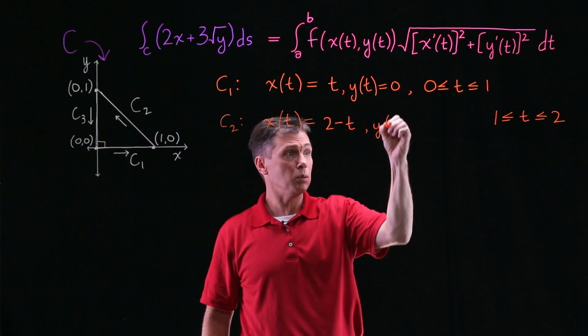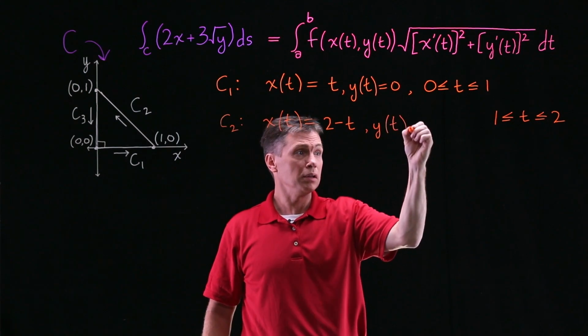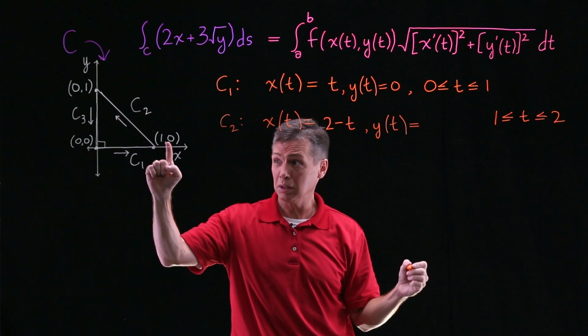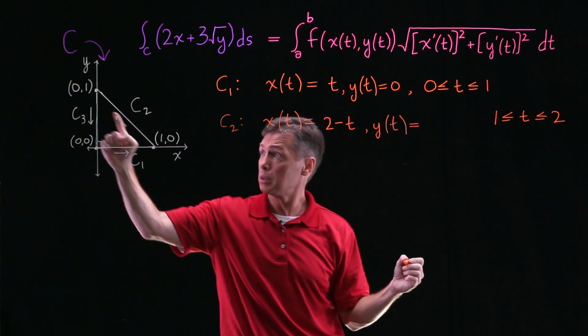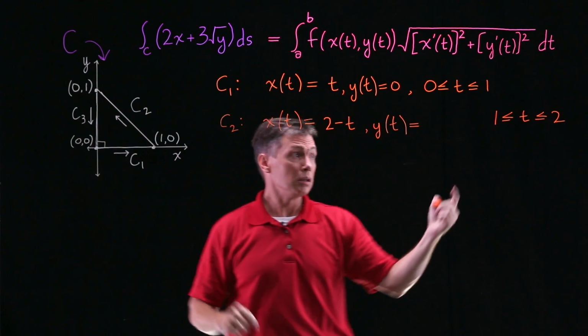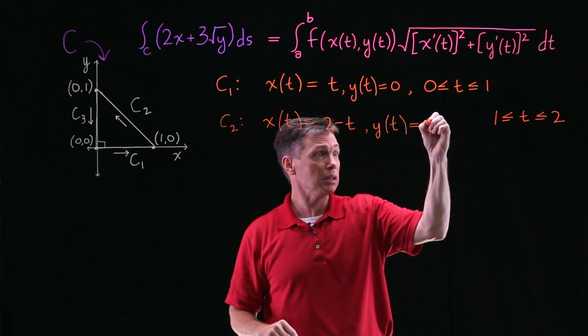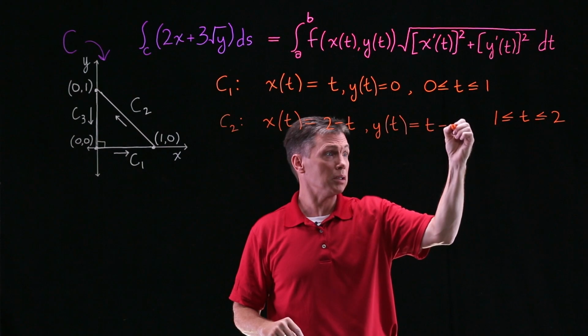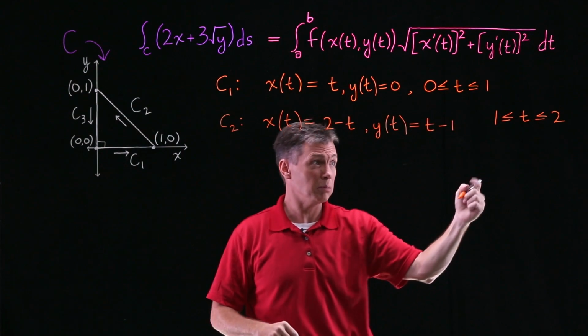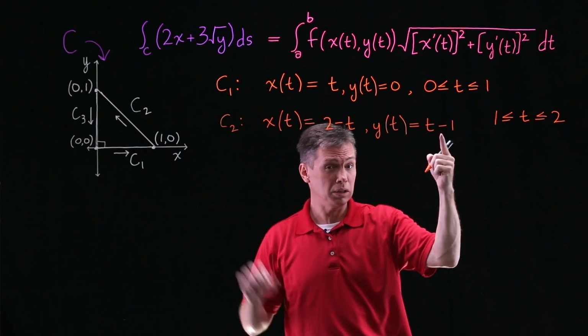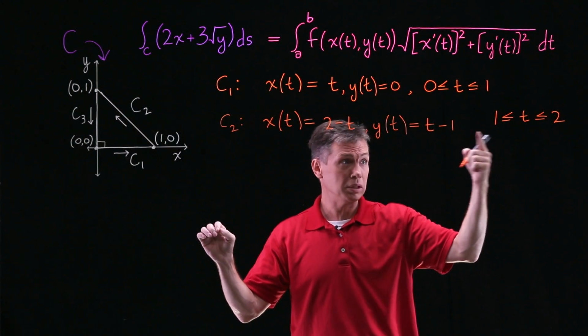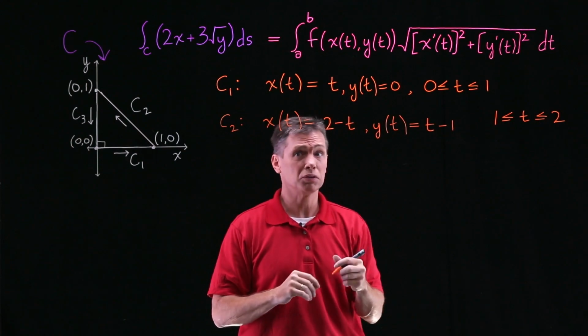And I also need a y of t. My y's need to start at 0, but then go up to 1 when my t goes from 1 to 2. So I think I would try t minus 1. And you see if that makes sense. Plug a 1 in, I get the 0 I want. Plug the 2 in, and I get the 1 that I want. So I think that works.